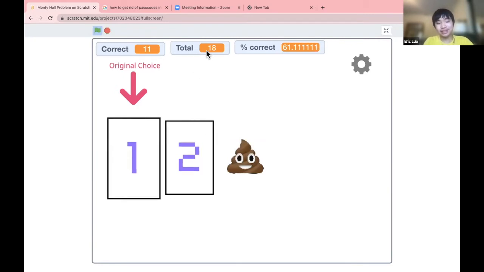I would say 18 trials is quite a lot right now. We can see that it's pretty close to what we found before, which is a 2/3 chance, right? 61, 66, it's decently close, right? It's pretty close.